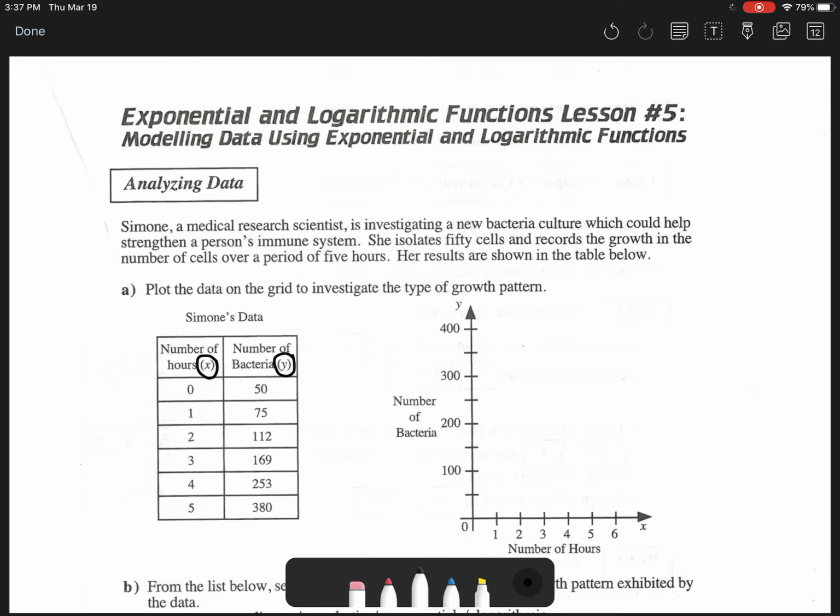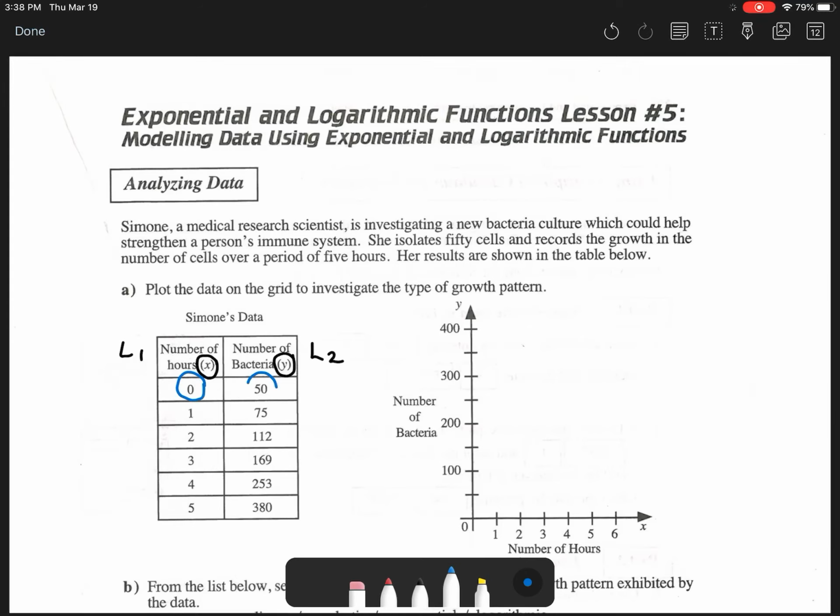As well, when we get to this point in the next couple of questions, you will now know that when I enter these values into my lists, this will be list 1 and this would be list 2.